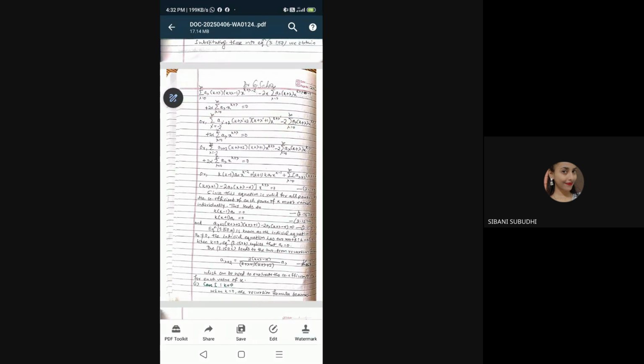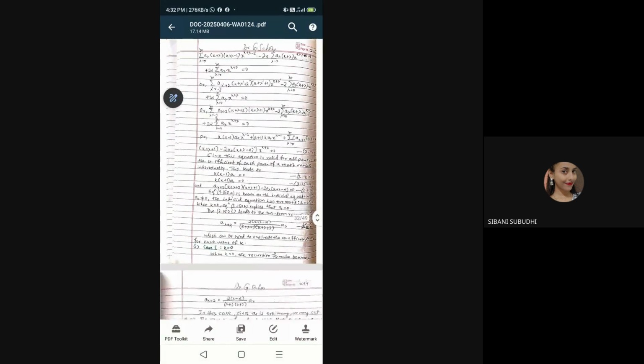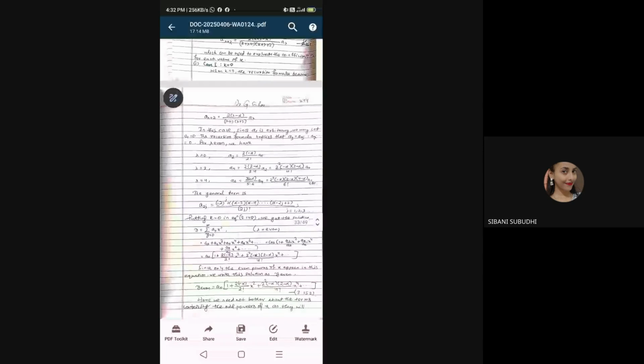So that is a lambda plus 2 which is equal to 2 into (k plus lambda minus alpha) divided by (k plus lambda plus 1) multiplied by (k plus lambda plus 2) a lambda. So for k is equal to 0, you have your a lambda plus 2 is equal to 2 into (lambda minus alpha) divided by (lambda plus 1) into (lambda plus 2) a lambda.